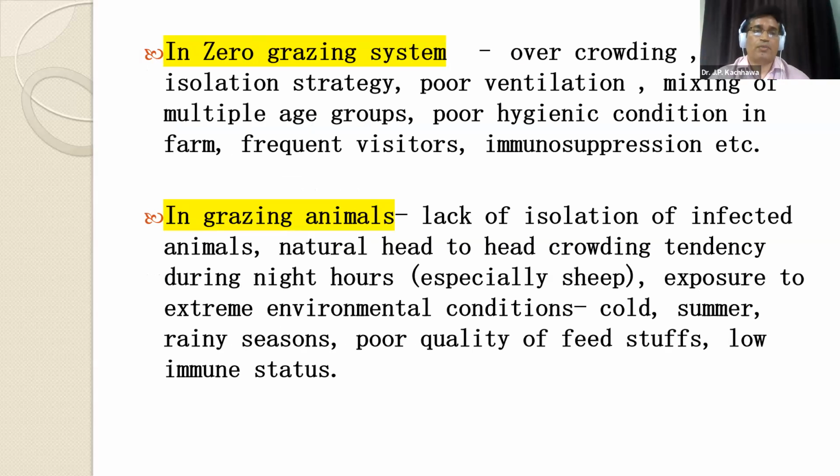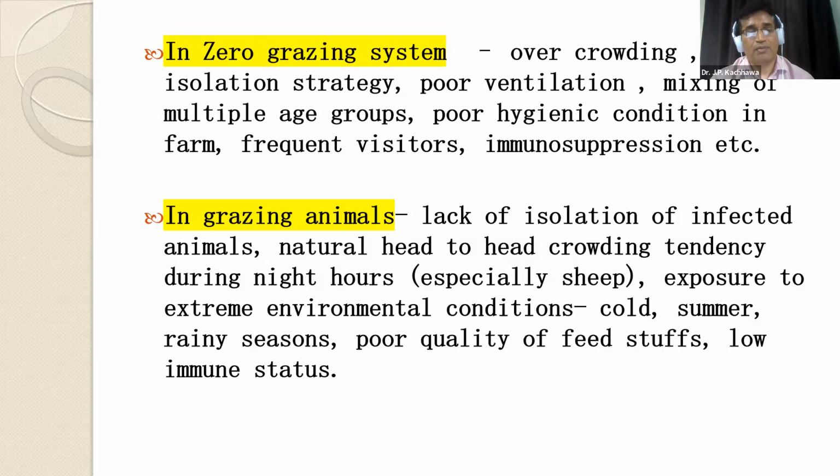If we talk about the zero-grazing system, there is close contact of the animals in a particular place, and that causes poor hygienic conditions. The animals remain in close contact, so the chances of getting the infection from infected animals to healthy animals increase.